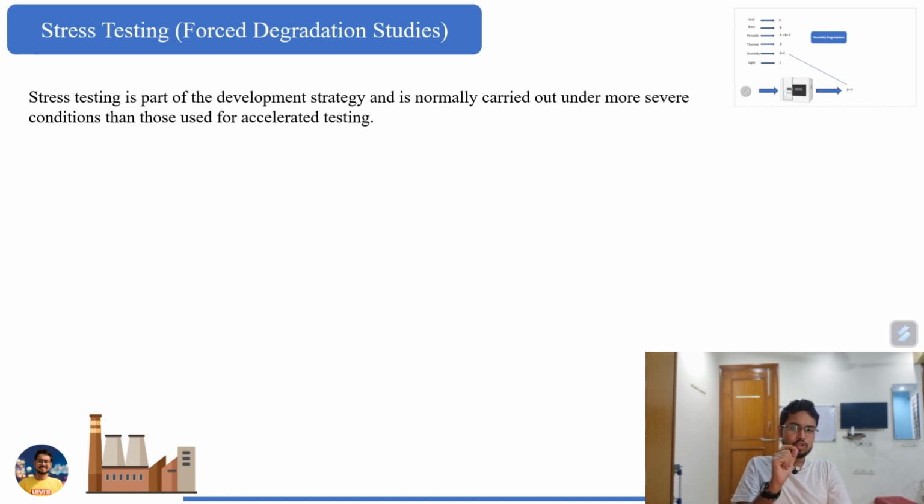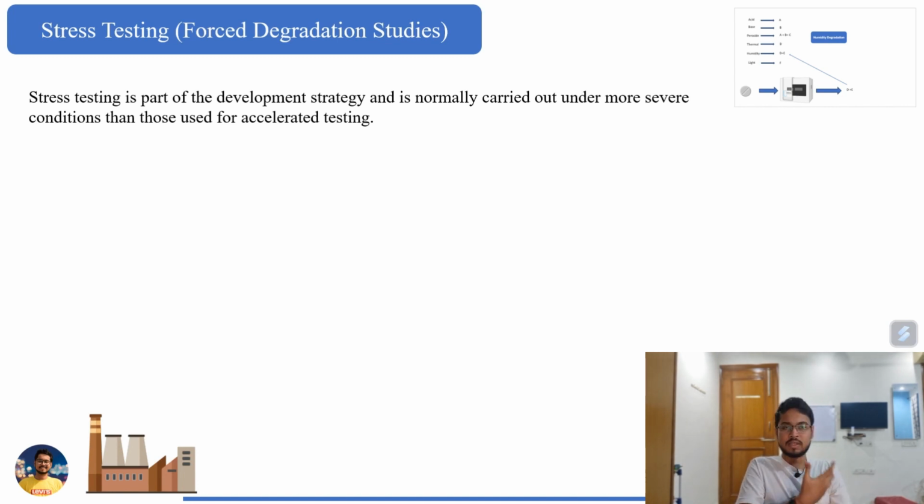Okay, so in these studies we intentionally degrade our drug. I again repeat, we intentionally degrade or spoil our drug. Then you check what molecules it is forming, how much it is forming, is it toxic or not? If it is toxic, how can we reduce it? What formulation changes can we do so that it won't form?